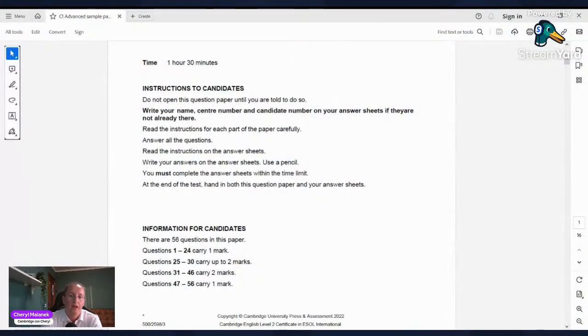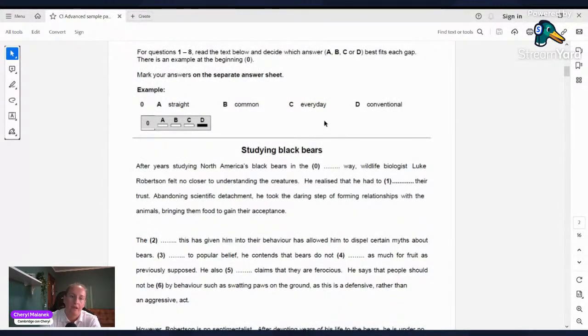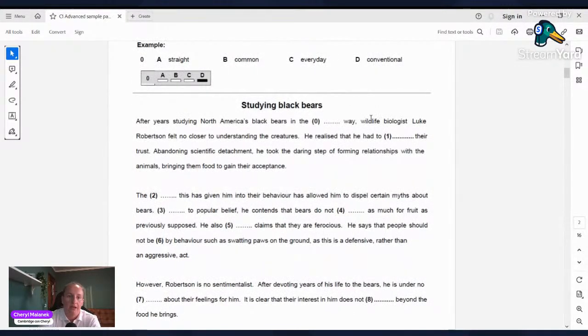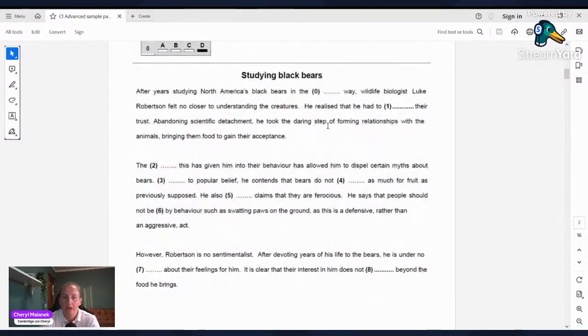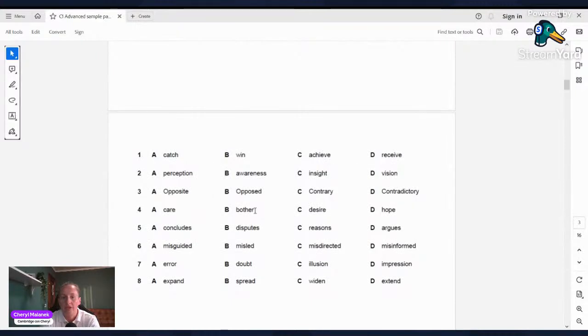Okay, so the exam. Here is just a copy of a random Cambridge Advanced exam. So part 1 is the one that has the gaps, and you have the 4 options that have to go in the gaps. Okay, this is part 1.